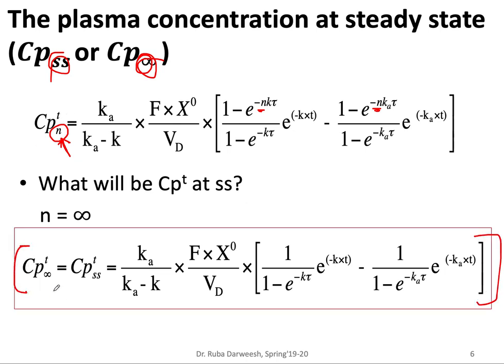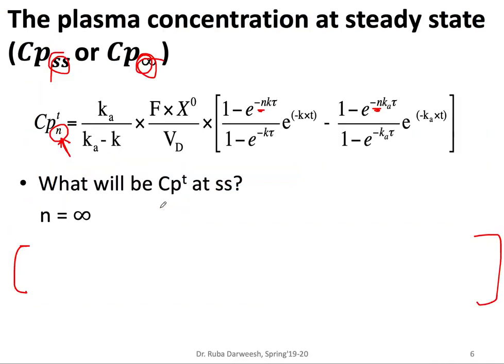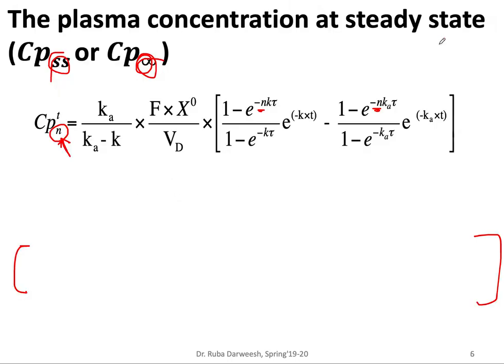Okay? Again, at steady state, we are interested in Cmax and C minimum, right? As before, we are interested in peak concentration and trough concentration, because those are what we are concerned with to determine if I'm within the therapeutic window or not.